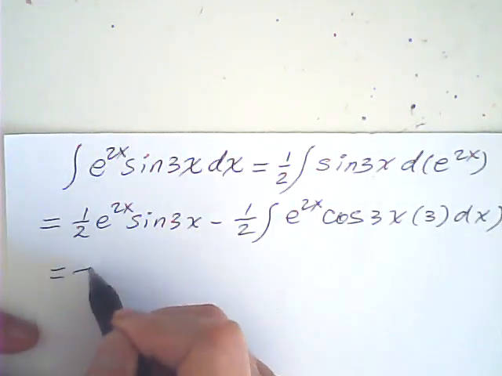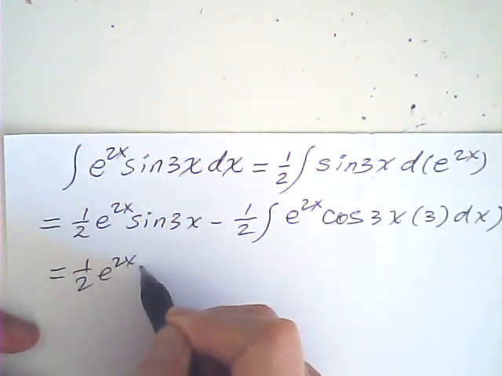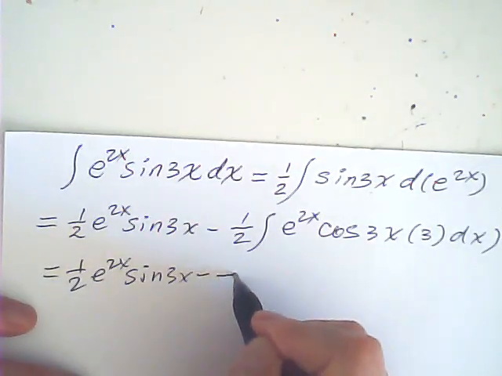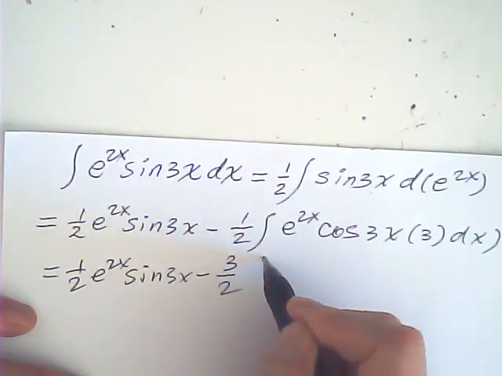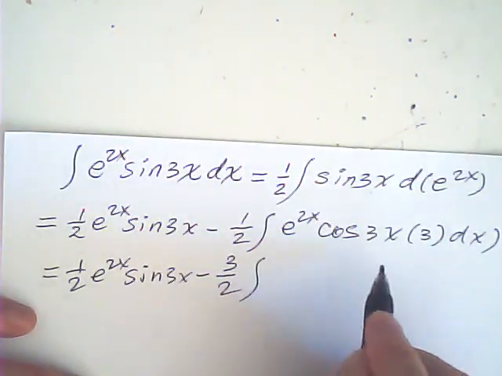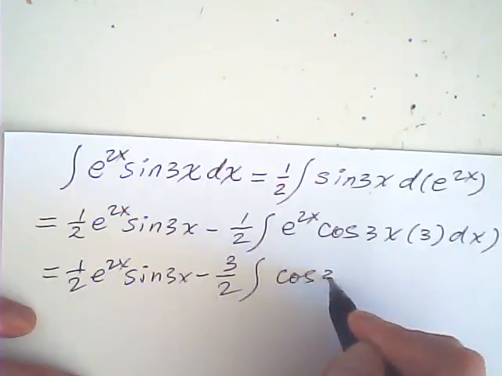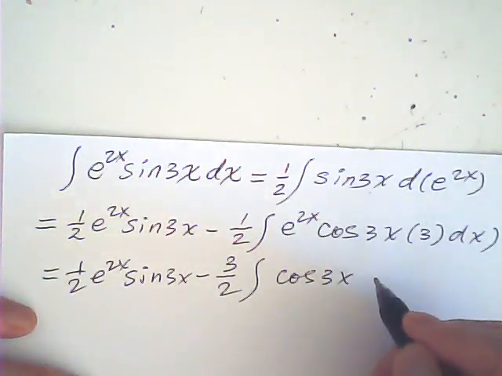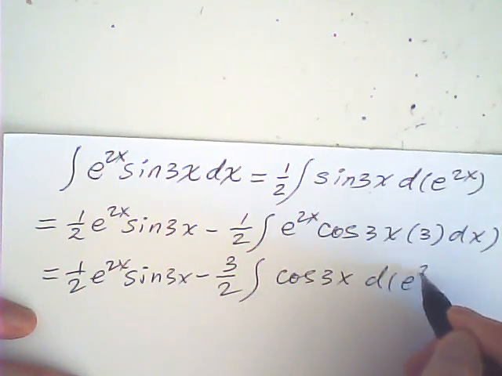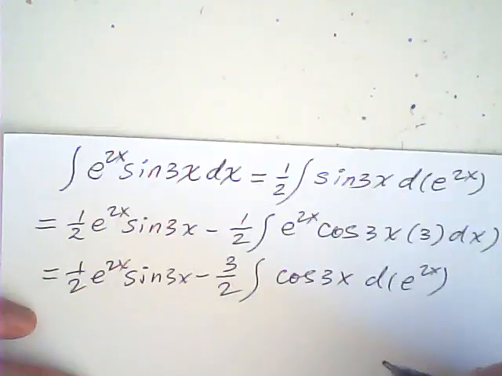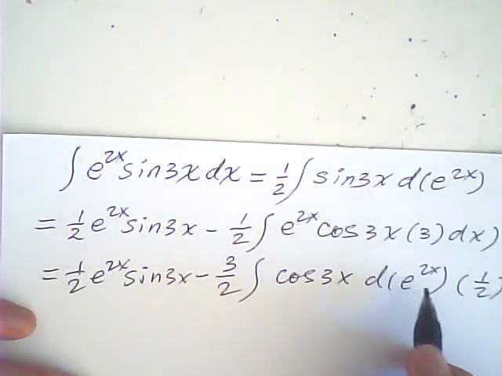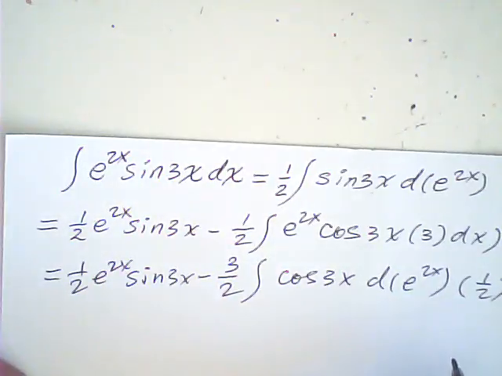Then this one is equal to 1/2 e to the 2x sine 3x minus, and I'm going to start with by parts again. This will be 2 e to the 2x, right? By taking this one times half, because this one is a 2 dx.